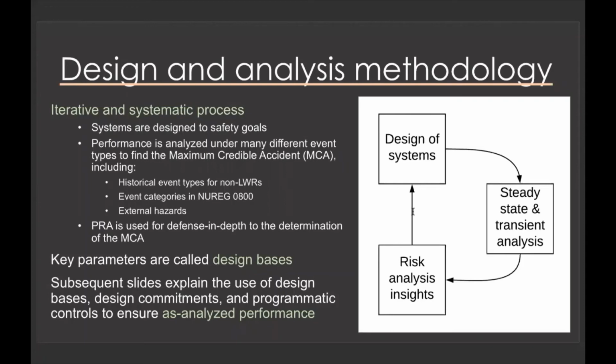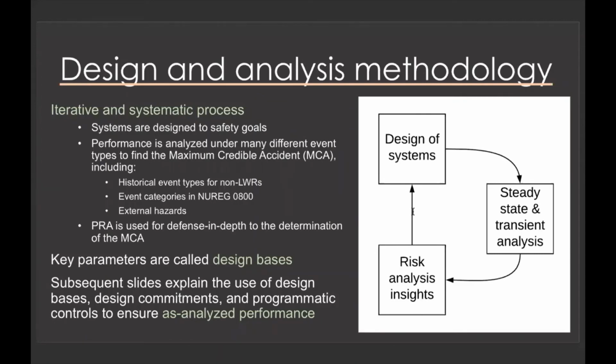Of course, there are about 40 different event types that fall under external hazards. We utilize PRA throughout the process, actually dynamic PRA throughout our design process, but our ultimate PRA was a static one, the insights of which were described to the NRC as required in the regulations.